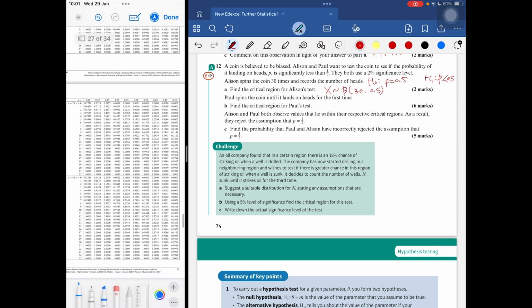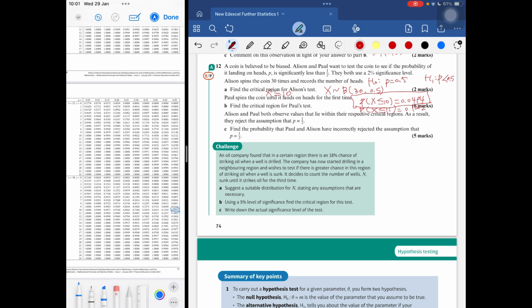Okay, so the last one, this here. So the probability X is smaller than or equal to 10 is 0.0494. And X smaller than or equal to 11 is 0.1002. So this is the critical region. So X is smaller than or equal to 10.